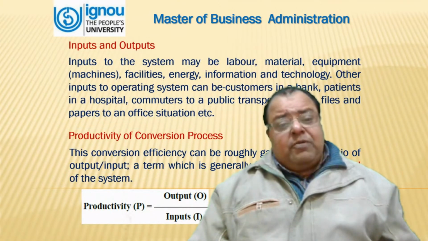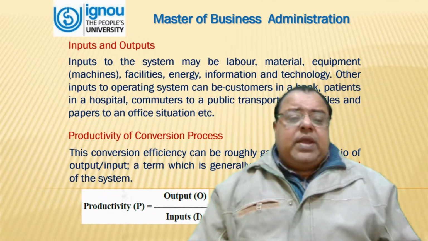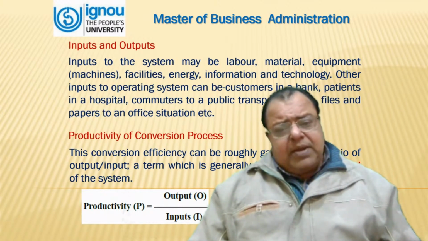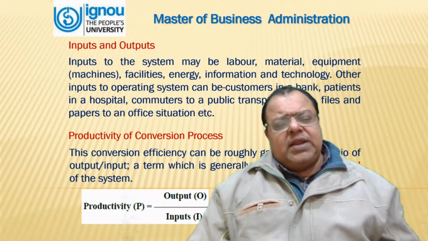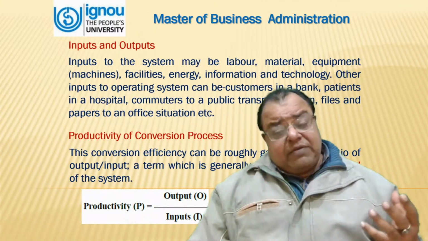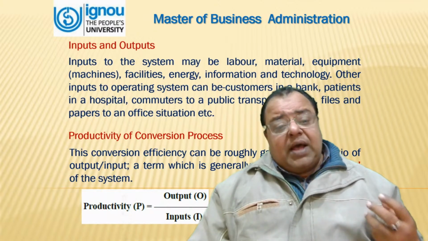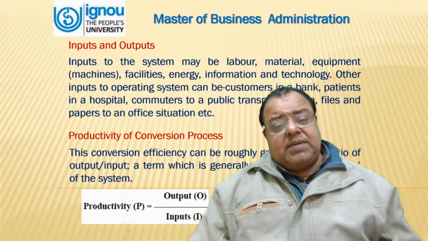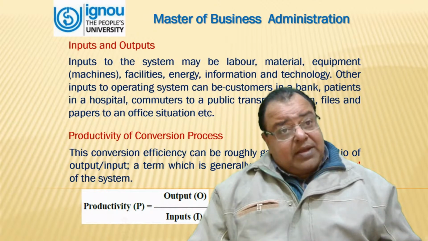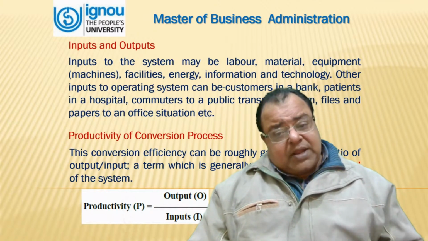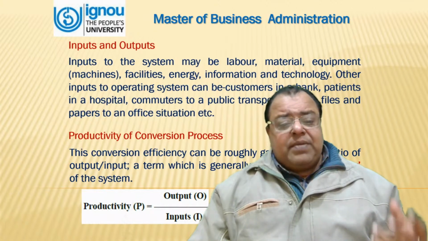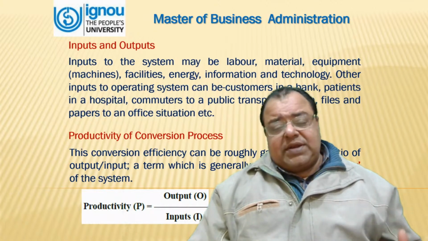Now, inputs and outputs. Input to the system may be labor, material, equipment, machines, facilities, energy, information and technology. Other inputs to an operating system can be customers in a bank, patients in a hospital, commuters to a public transport system, files and papers to an office situation, etc.